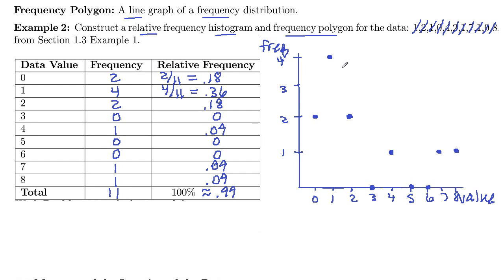Now we'd like our frequency polygons to touch the axis at the ends. So I'll estimate out here where a 9 would be, and I'm going to put a dot at height 0. And then if I go 1 unit to the left of 0, I'm going to put a dot at height 0.